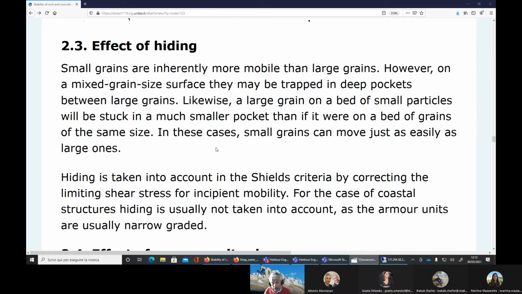And hiding is taken into account in the Shields criteria by correcting the limiting shear stress, with a correction factor that can be applied. Usually hiding is not considered for the sake of being conservative when designing coastal structures, okay? So let's forget about it, but just be aware of the fact that hiding is usually an essential component of the Shields criteria.